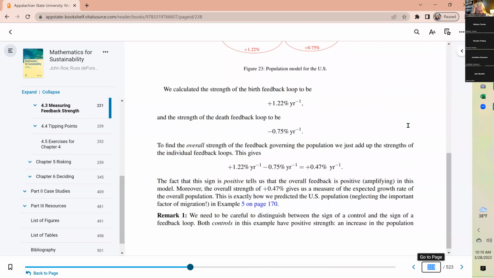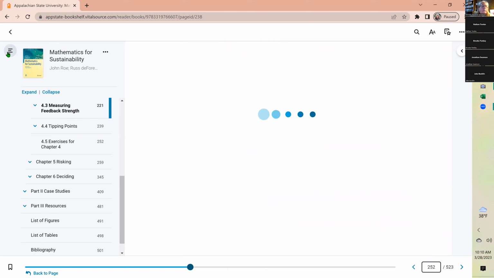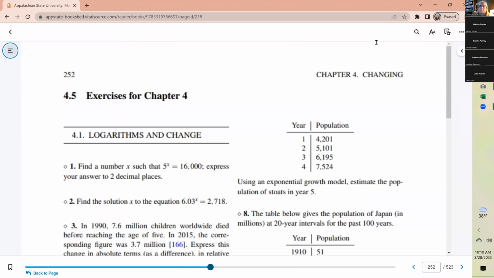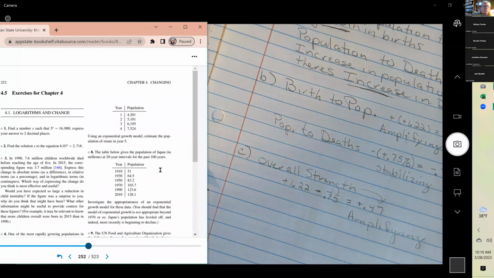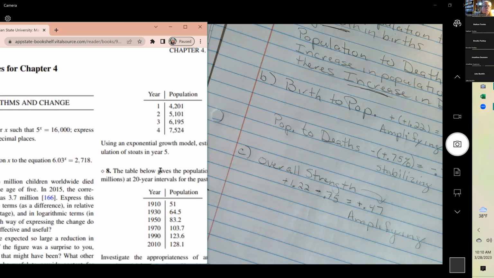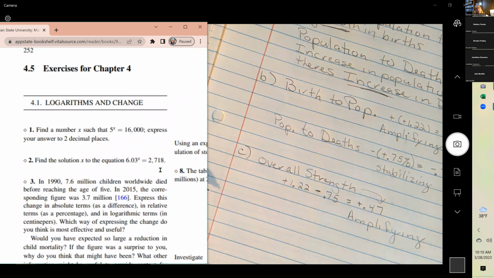Number 5, 252. 1 and 2. So there's one like this.